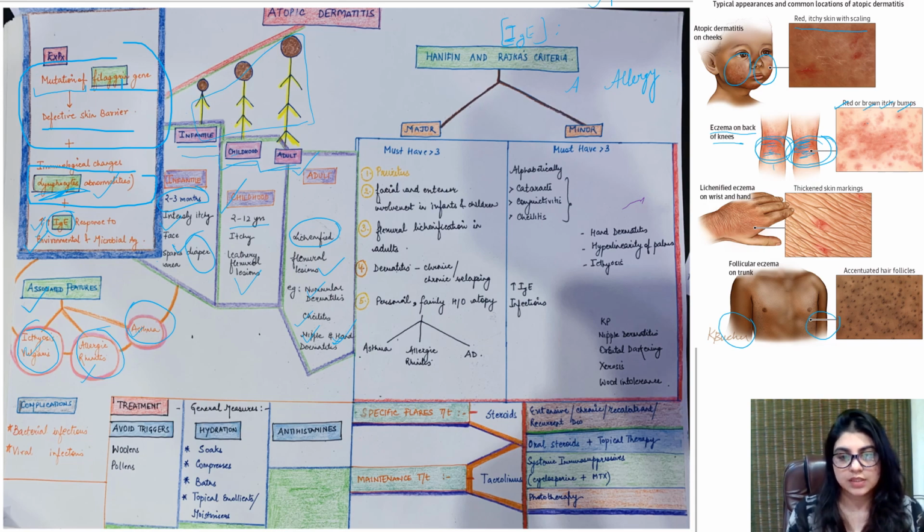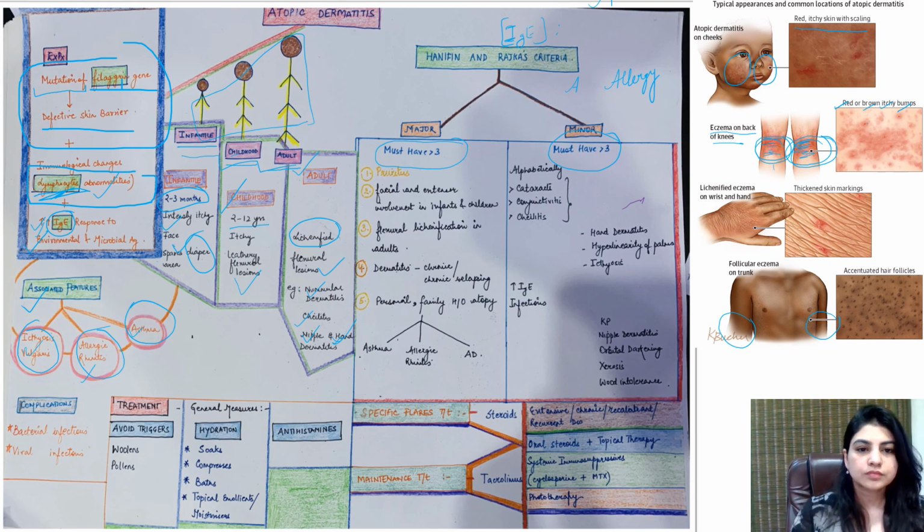So major criteria, more than 3 symptoms should be present, and minor criteria, more than 3 symptoms should be present. So Hanifin and Rajka's criteria is used for this, and must have 3. What is this must have 3? It's more than 3 symptoms out of these, and must have 3 from the minor, which is more than 3 symptoms from these.